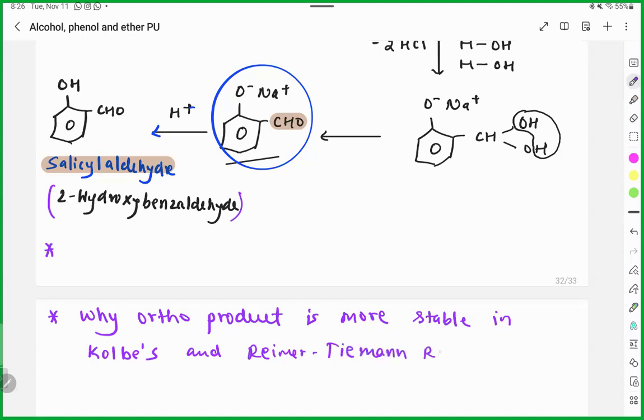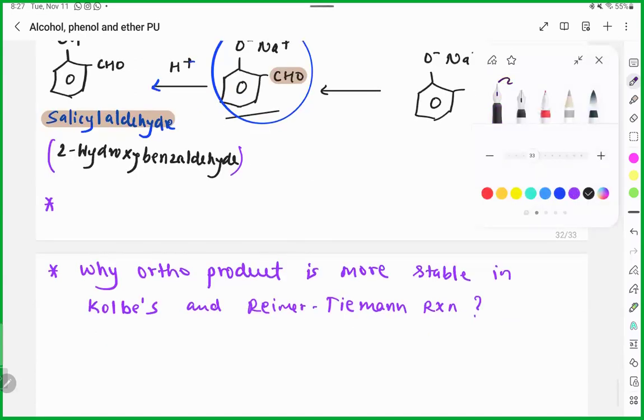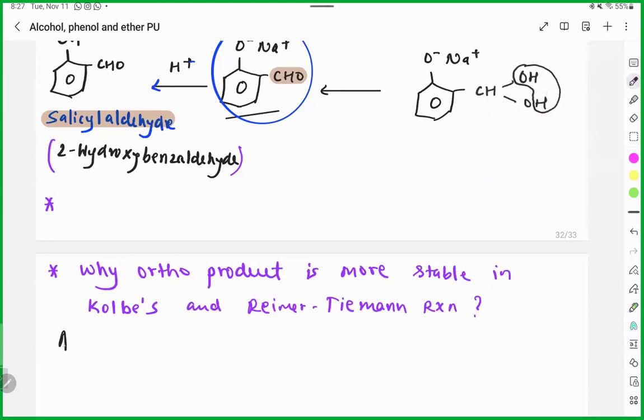Because it comes into our mind that the para product is always more stable compared to ortho. Why are we forming ortho as the major product? The answer is intramolecular hydrogen bonding. Ortho has strong intramolecular hydrogen bonding.